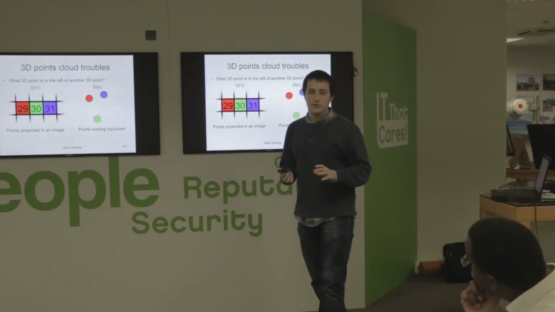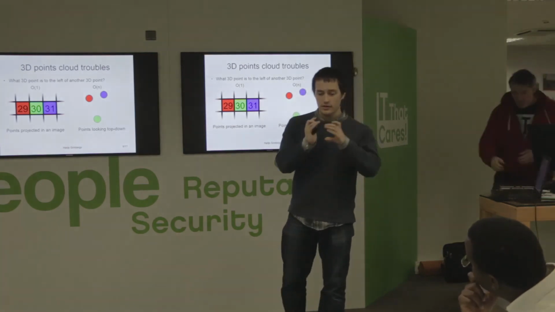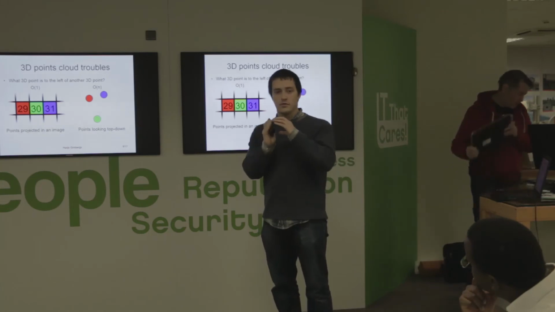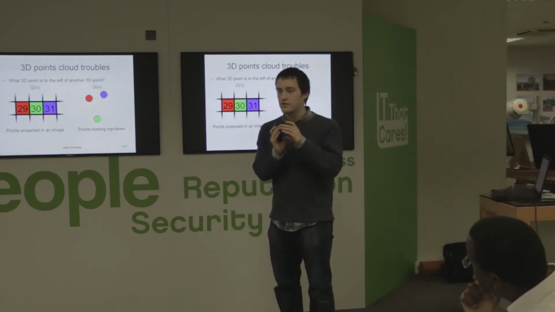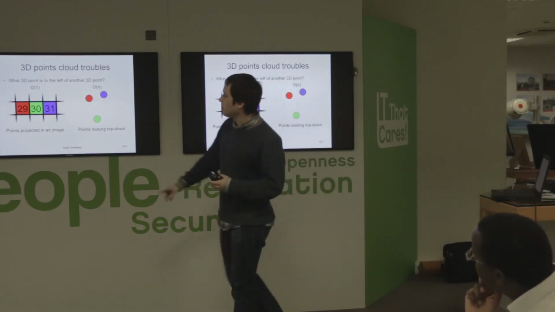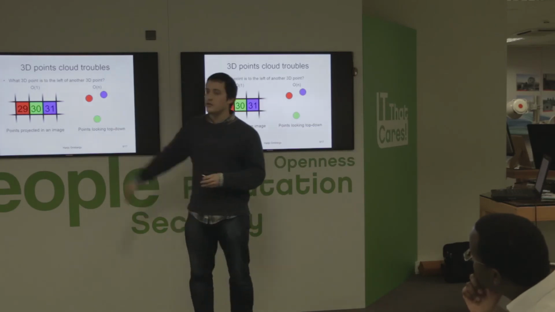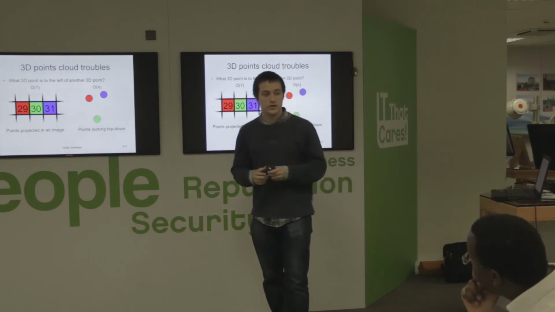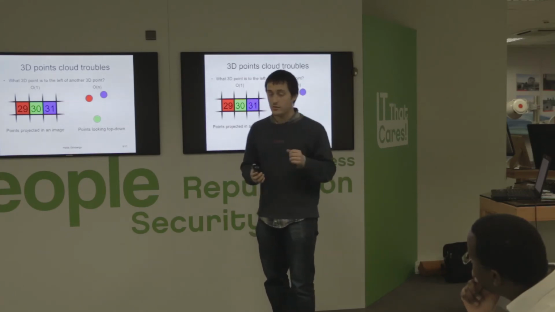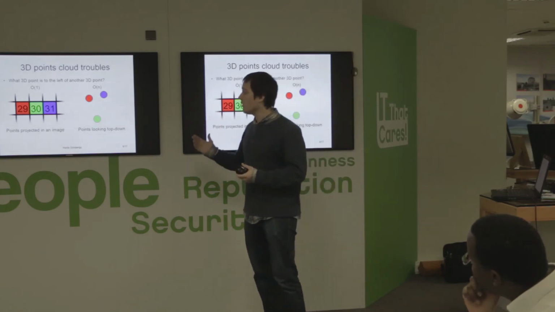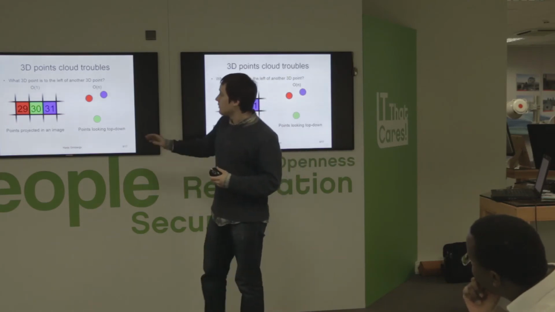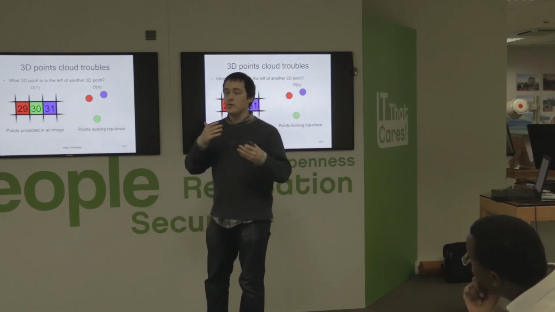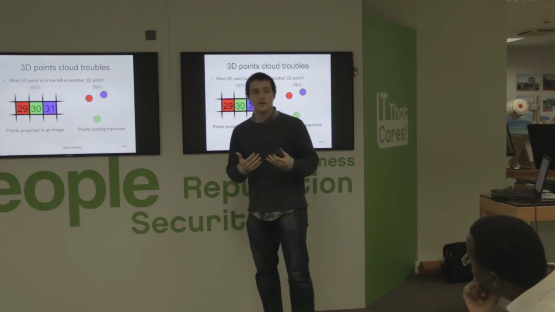In pixels you usually do searches or calculations in a small neighborhood. Like if you want to calculate something on pixel 30, you just look at 29, 31, and you can do the calculations needed, like calculate a gradient or something. In a 3D point cloud, that means those pixels might not be the closest together.